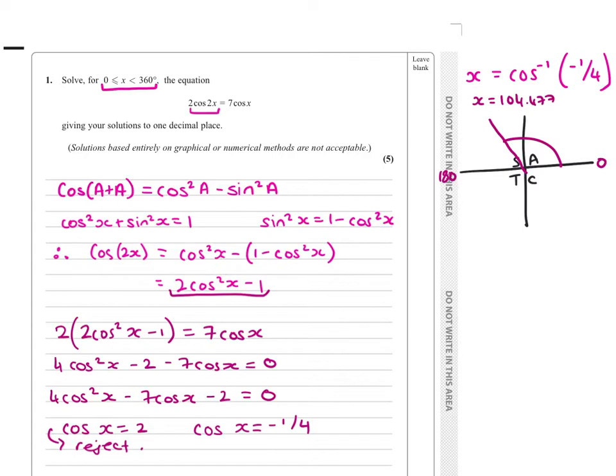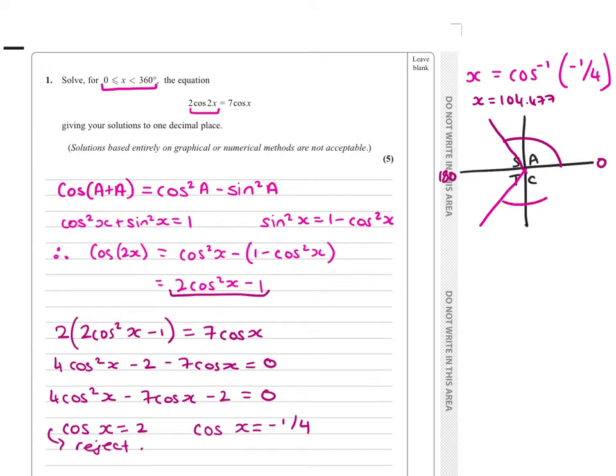Now this is negative a quarter, so you have to think we do the opposite. Normally we would reflect it in the vertical line, and we still reflect in the vertical line. If we reflect this in the vertical line, we get here.